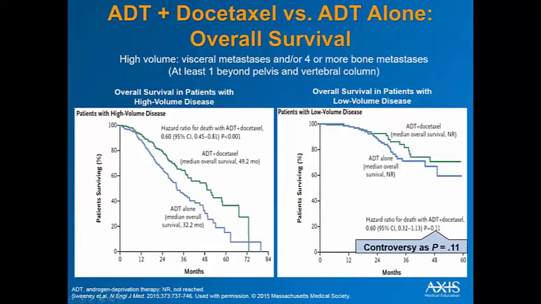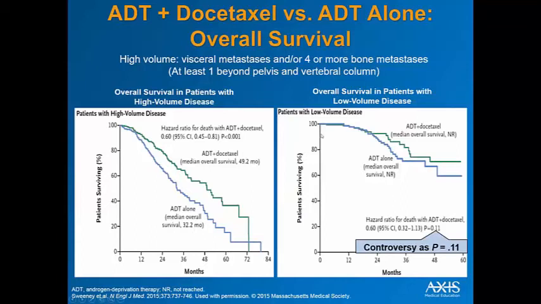And with this definition of high volume, there was a hazard ratio of 0.6, which means a 40% reduction in the risk of death, and about a 17-month difference in median survival between the androgen deprivation plus docetaxel and the androgen deprivation alone, which is pretty substantial. I mean, 17 months, if you're only expected to live about 32 months, is honestly a pretty big difference.